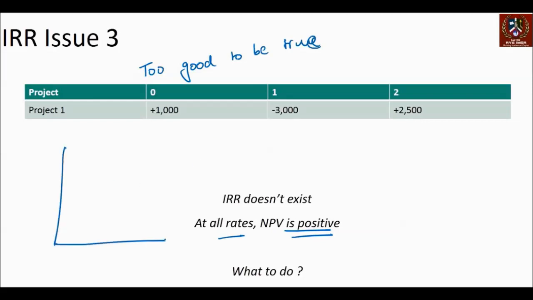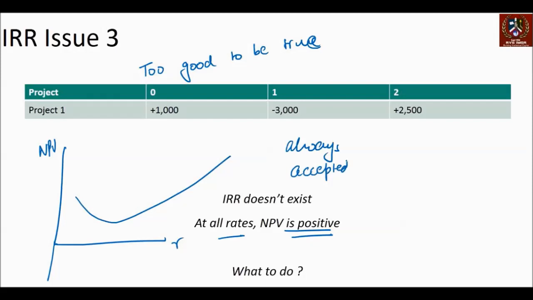If you were to plot a curve between NPV and the rate, you would probably get a curve like this, which is positive at all rates. So effectively, this project has to be always accepted. On the other hand, you could also find a project which has negative NPV at all discount rates. That kind of project has to be always rejected.